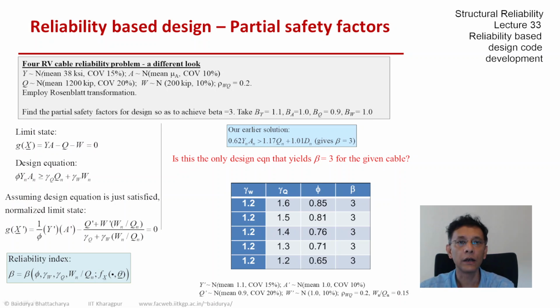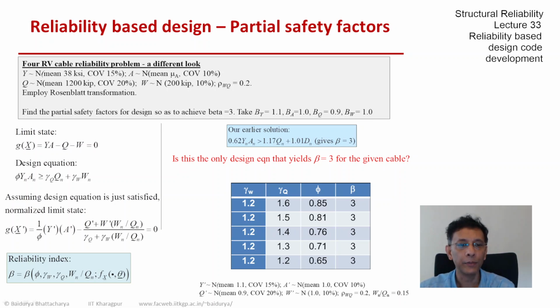These numbers are different from 0.62, 1.17, and 1.01 that you see on the top. Likewise, if we change the live load factor to 1.5, then phi needs to be reduced a little bit, and that again gives me a beta of 3.